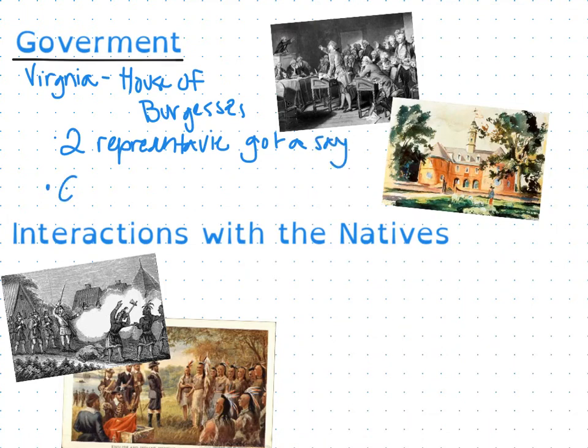And then the governor, which was like the highest up that you went, got the power of veto. And what that basically means is the governor can say no to whatever the people wanted to do. That was the power of the governor. People could come back and say, hey, I think we need to do this. And the governor could say, nope, not gonna happen. And then it wouldn't happen.